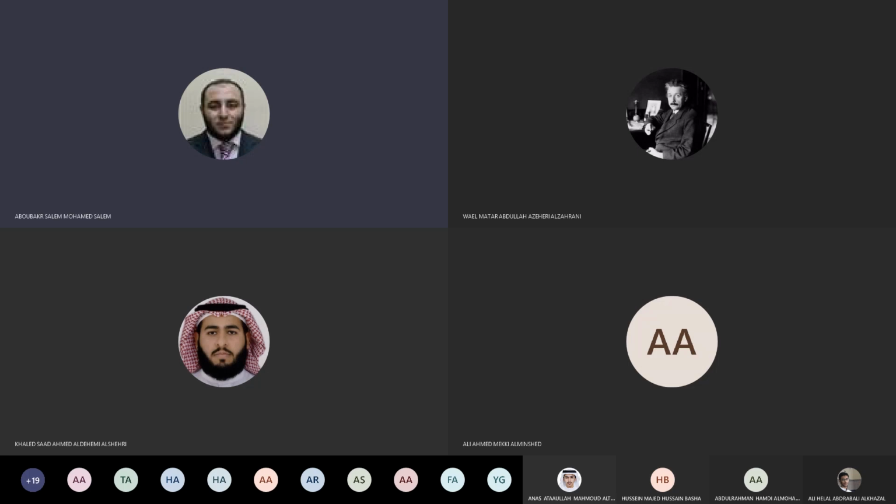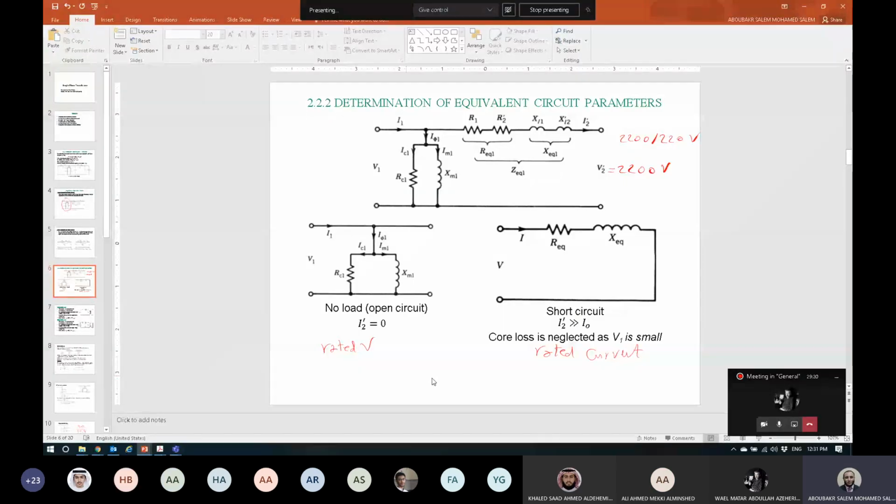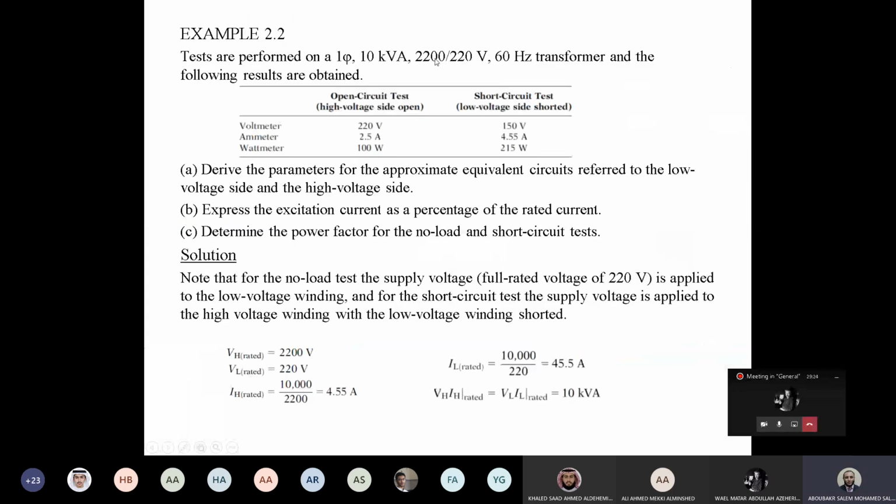So in our example here, turn to the other screen again. In our example here, the 220 volt or 2200 volt is referred to as V2 prime.